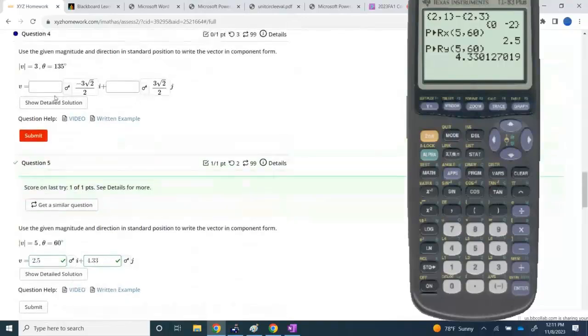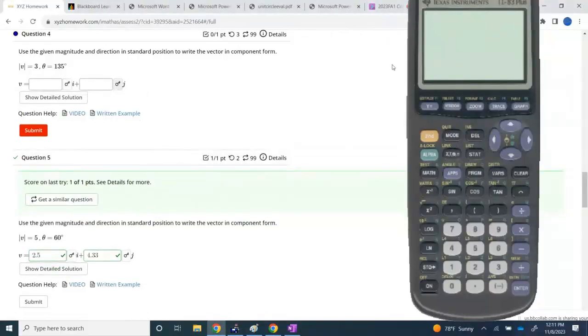So even though we did number 4 by the exact values, let me just see if it'll take the decimal answer. I'm going to try number 4 using the calculator just to see if it'll work out. I'm going to go back in the angle. For the horizontal component, I'm using the 7 function. So r is 3, theta is 135.